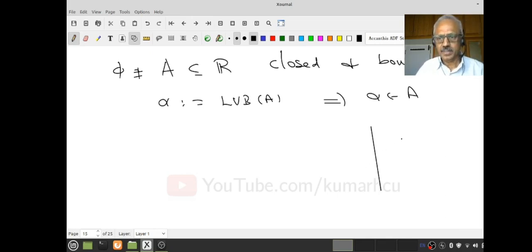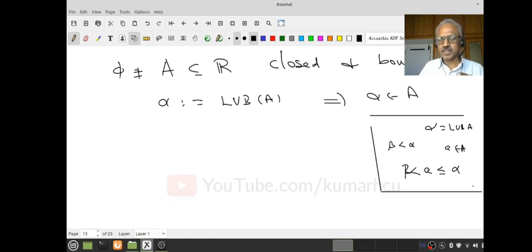If alpha is the LUB of A, then you give me any beta less than alpha, then beta is not an upper bound of A because it's less than alpha. Therefore there exists an a in A such that beta is less than a, and that a of course will be less than or equal to alpha. Okay, remember this is the mantra of using LUB.